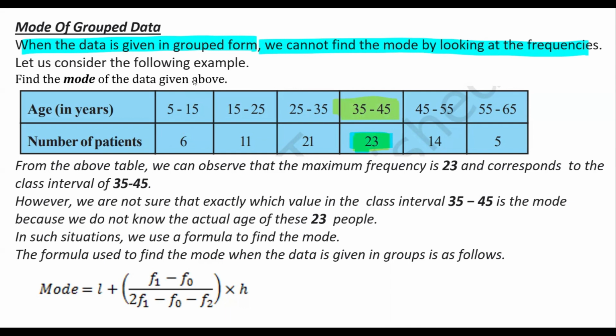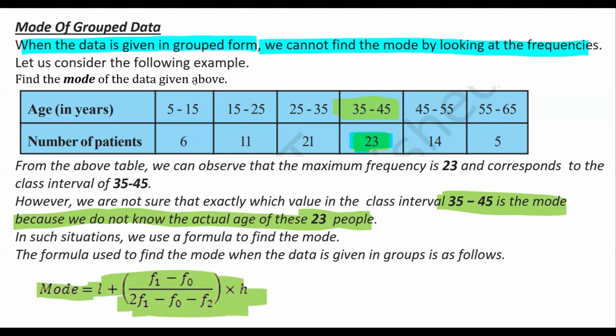From here, we are not sure exactly what value in the class interval 35 to 45 is the mode, because we do not know the actual ages of these 23 people. Few of them are 35, 36, 37, and so on. So in such a situation, we use a formula to calculate the mode.